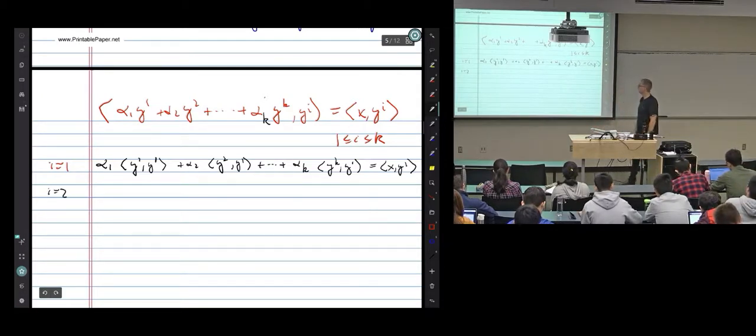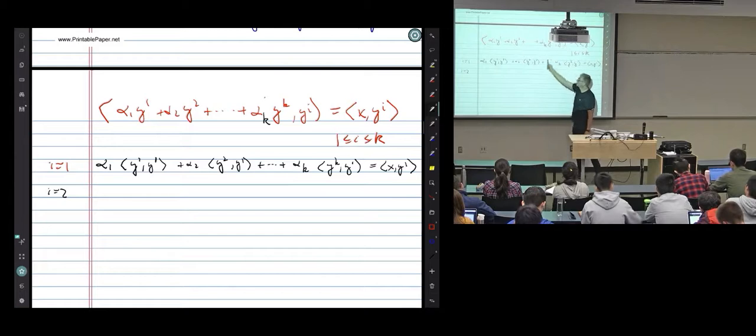Okay, we'll do one more, and then we'll skip to the bottom. I'm just expanding this with i equals 1 and using linearity on the left-hand side.